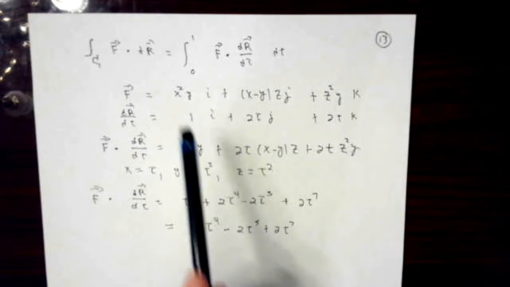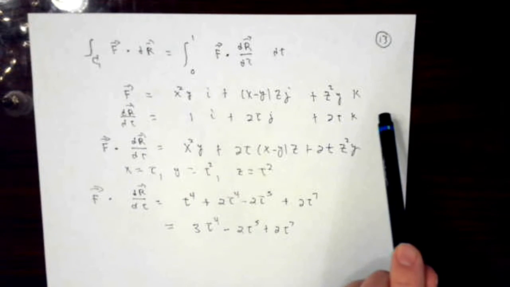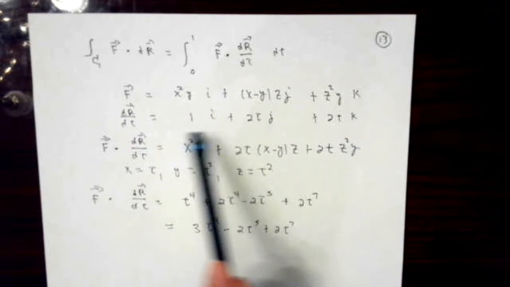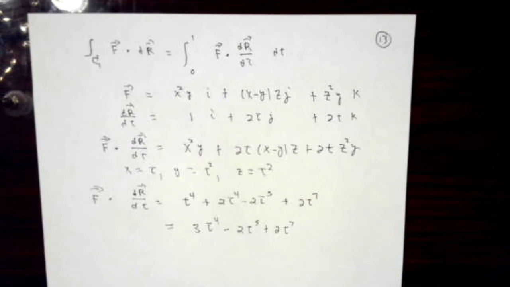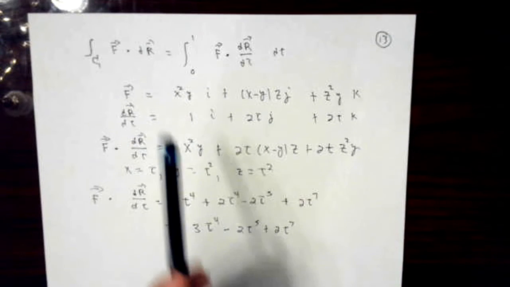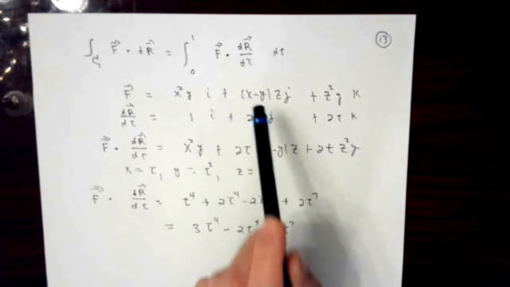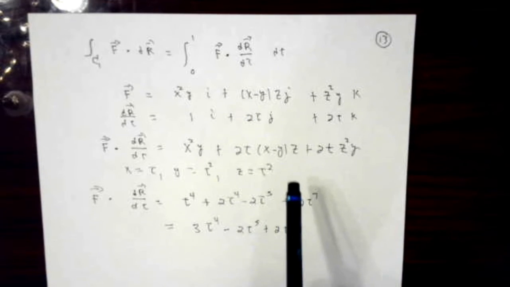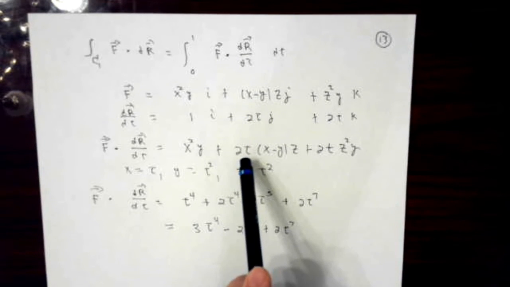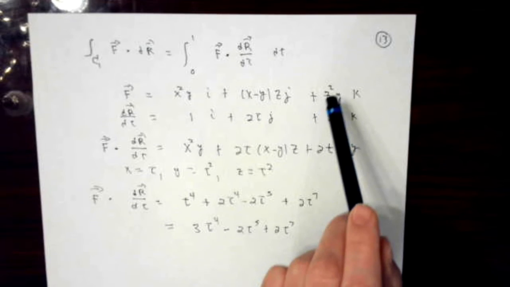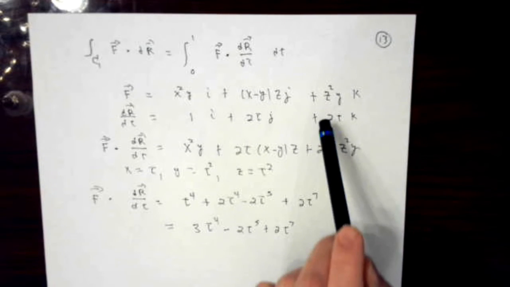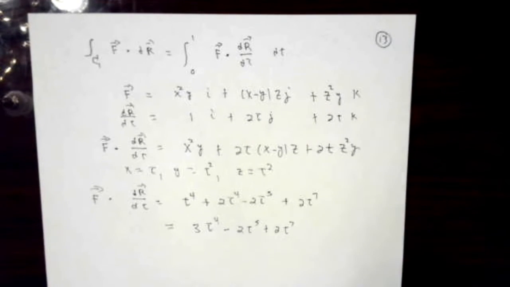The force is given by this vector valued function. The r prime is given by this vector valued function. If you do the dot product, you'll get x squared y times 1 plus x minus y times z times 2t plus z squared y times 2 times t.